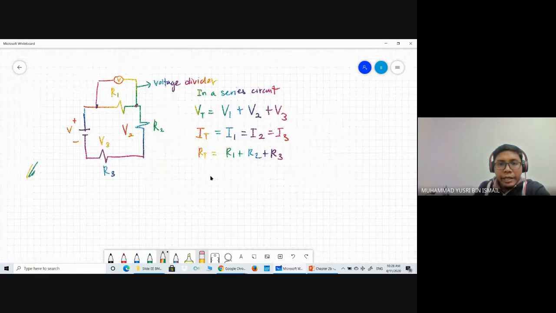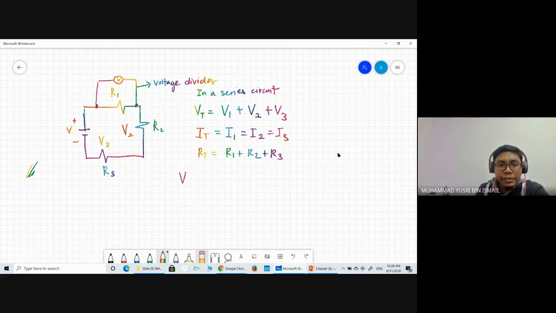Then from this information, we can further develop a derivation in order to calculate the voltage at a particular resistance. For example, I need to calculate the voltage across R1.